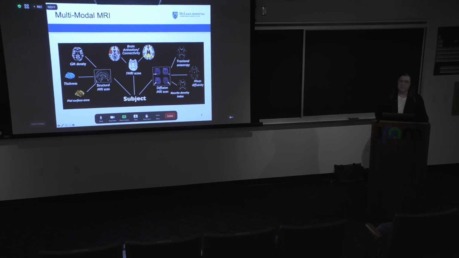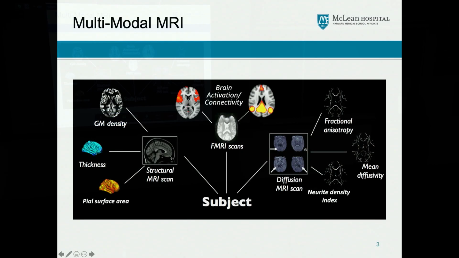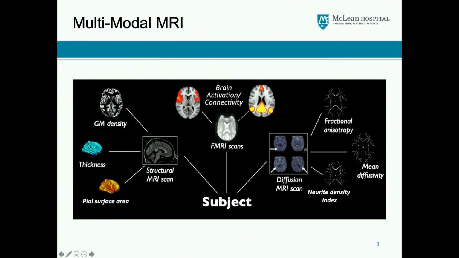You might collect several different kinds of scan types, including a structural scan that reflects anatomical information, and fMRI data. These are scans that last maybe five minutes or 10 minutes, where you get snapshots of the brain every second or so, while a person might be doing a task or just engaged in idle thinking. You can also collect diffusion data that allows you to look at white matter microstructure.